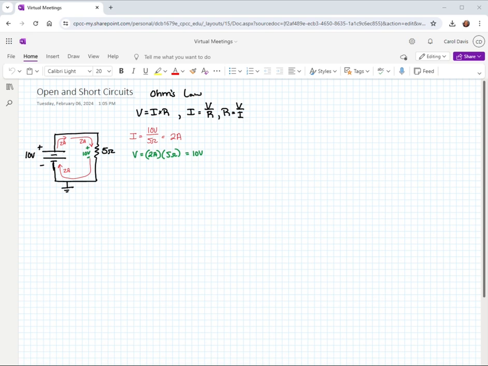Kirchhoff's voltage law basically says if we take a loop like this one and we sum the voltage rises and subtract the voltage drops, so plus 10 minus the 10 volt drop across the 5 ohm resistor, we would get 0. Okay, so that's what Kirchhoff's voltage law tells us. So again, this is a fairly simple circuit. I just wanted to start with something pretty simple so that we could then make some modifications to it and look at the short and open circuit situations as well.